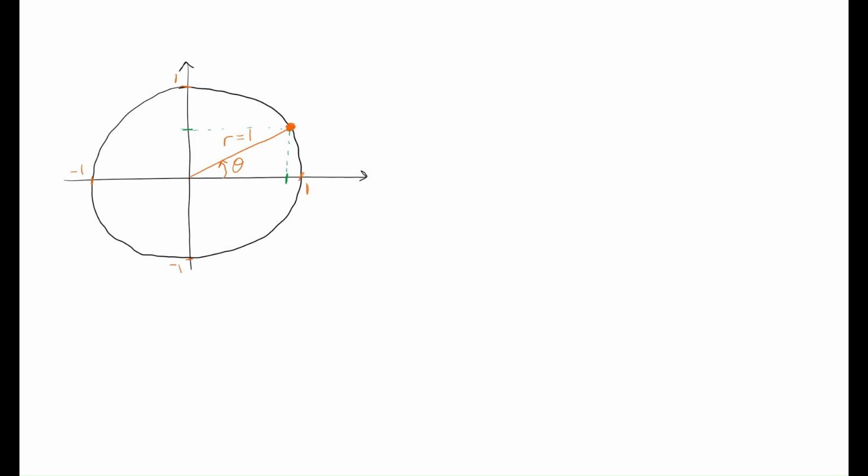You'll notice that here, drawing this vertical line and this horizontal line along the x-axis, I have a right-angled triangle. And that allows me to use the trigonometric ratios that I saw previously of sine and cos to describe some of the lengths in this triangle. So cos of theta, we said previously, was the adjacent side over the hypotenuse.